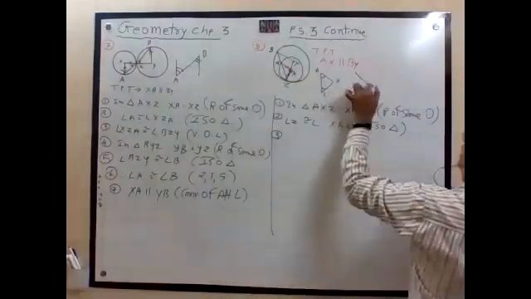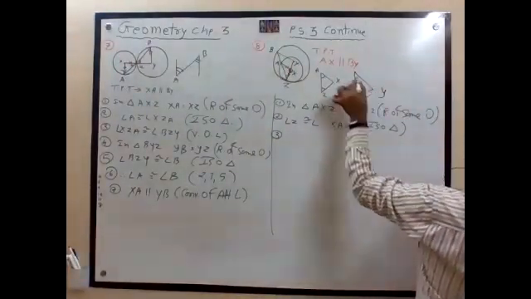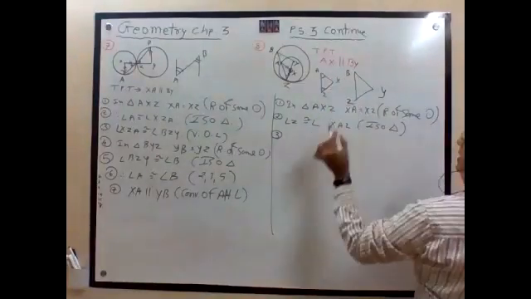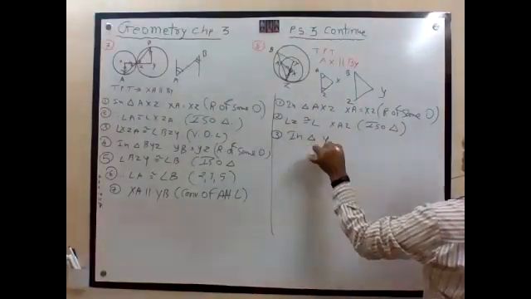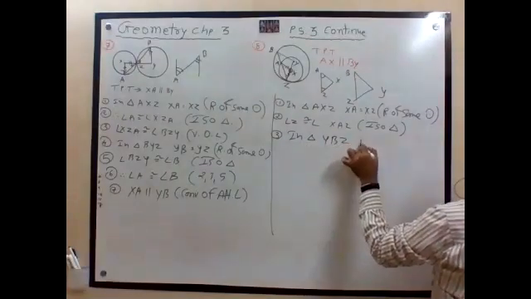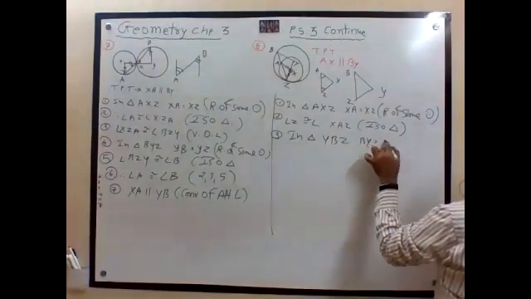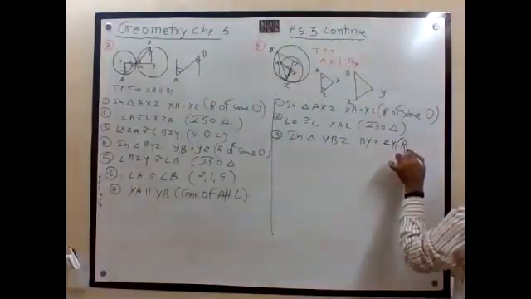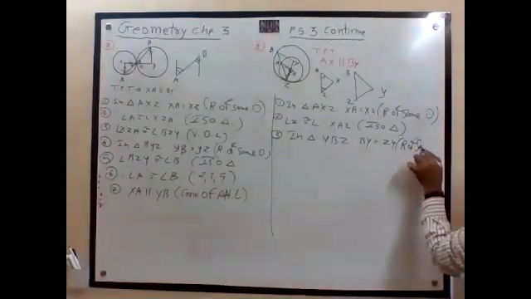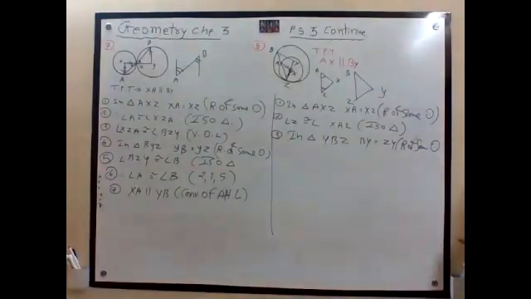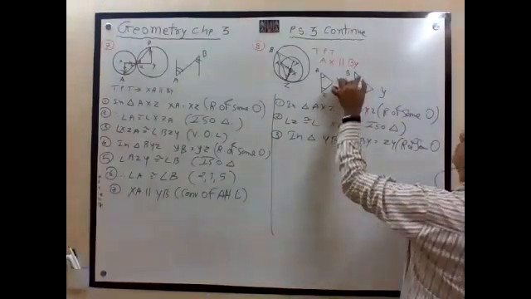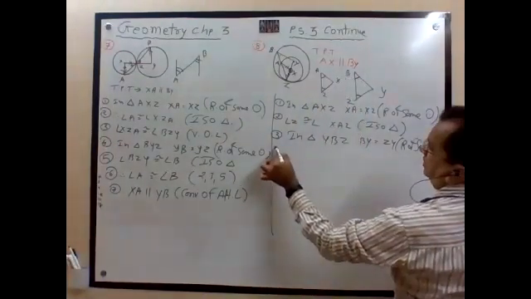Now I will take big triangle YBZ. In triangle YBZ, BY is equal to ZY, radii of same circle. Therefore, this equal to this. Again Z, correct?